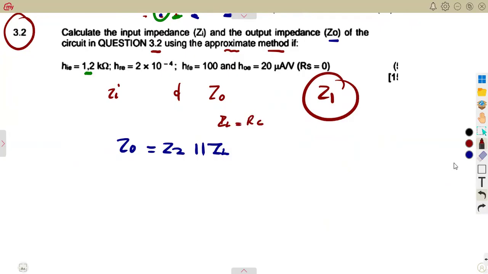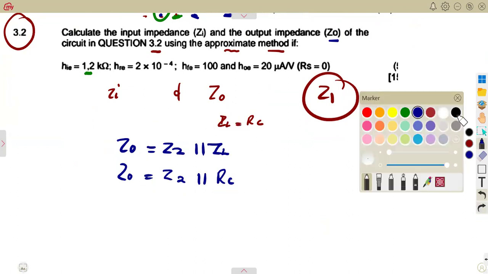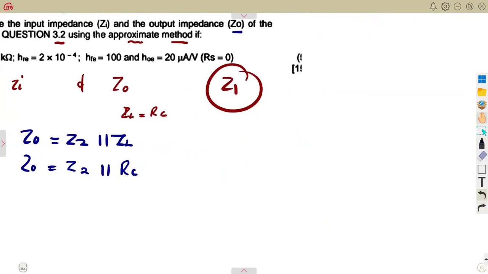So in place of this, we are just going to have our formula as Z out is equal to Z2 in parallel to RC. The formula does not change. The only part that will change is the approximation part of the Z2, the part of the transistor only.